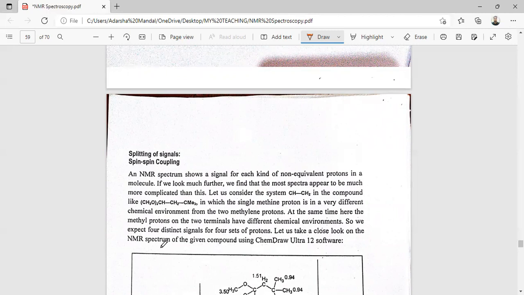So let us consider this CH2 system. In this compound, the single methine proton is in a very different chemical environment from the two methylene protons, and the methyl protons on the two terminals have a different chemical environment. So we expect 4 distinct signals for 4 sets of protons.